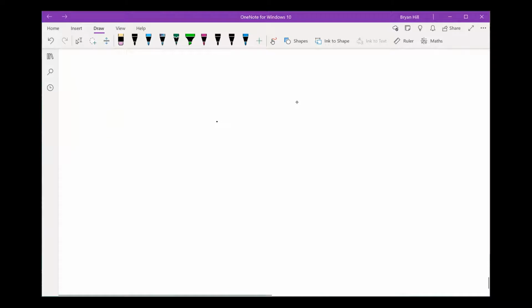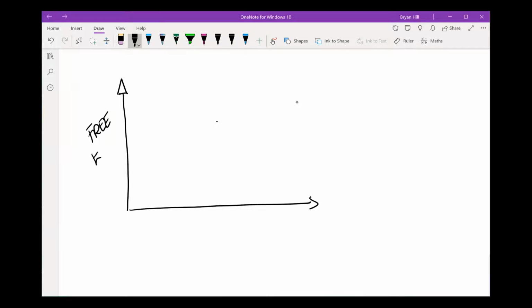So let's see here. Energy diagram. I guess we should do that. Free energy. So the energy diagram very much resembles an SN2 energy diagram. There's just one peak at the top. There's no intermediates.